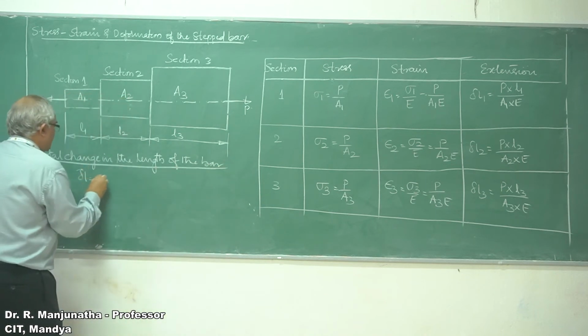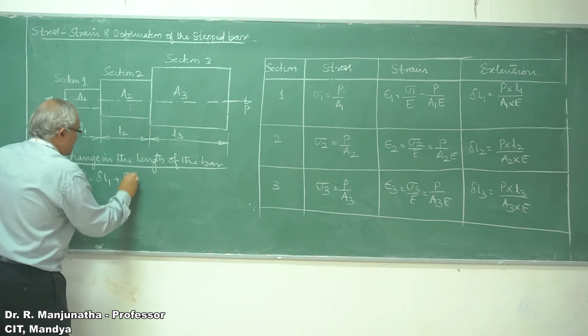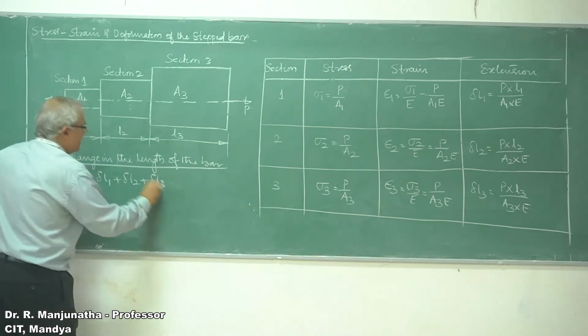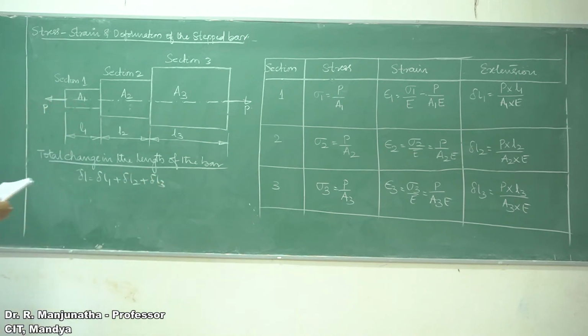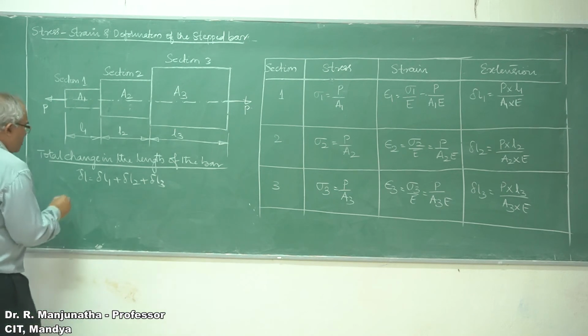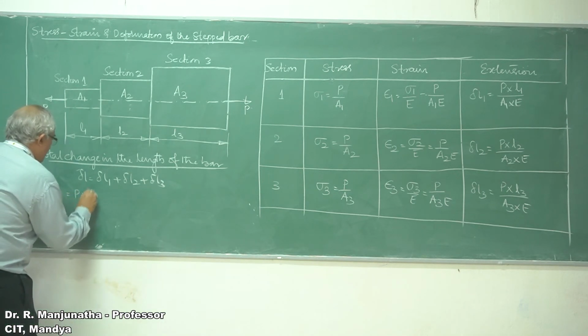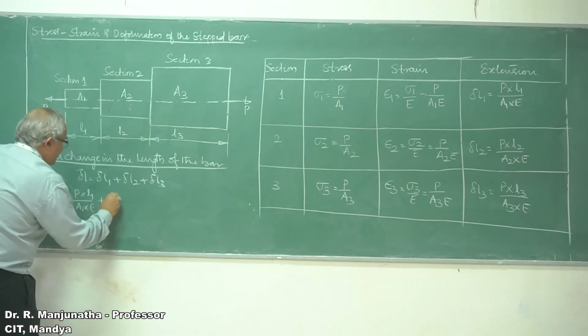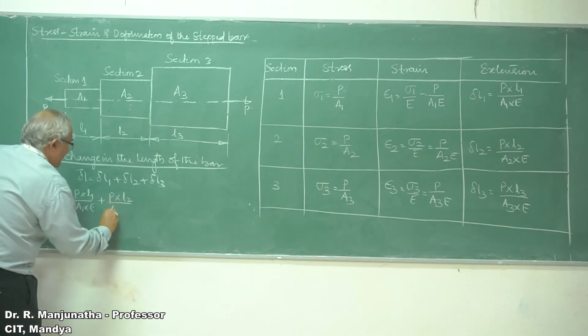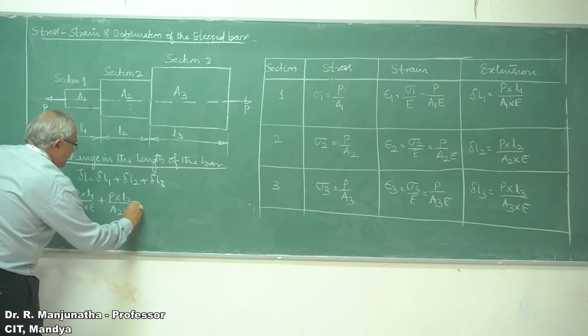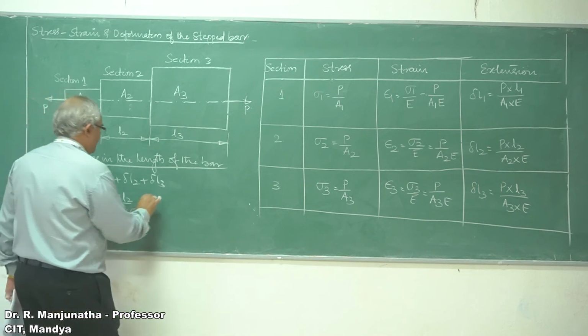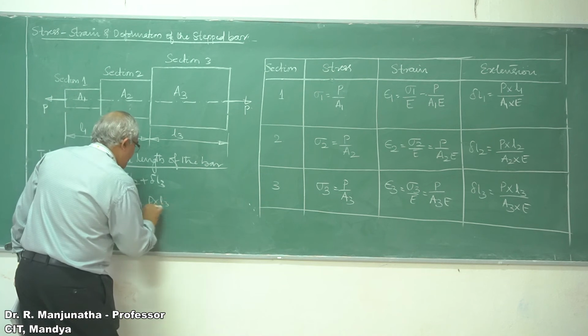Delta L will be equal to delta L1 plus delta L2 plus delta L3. So that is again given by P into L1 by A1 into E plus P into L2 by A2 into E plus P into L3 by A3 into E.